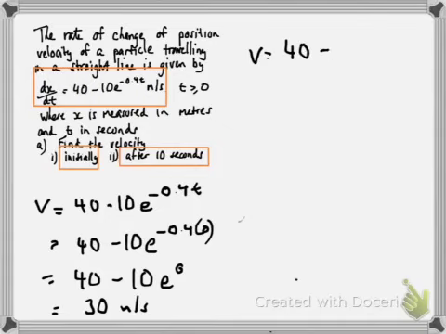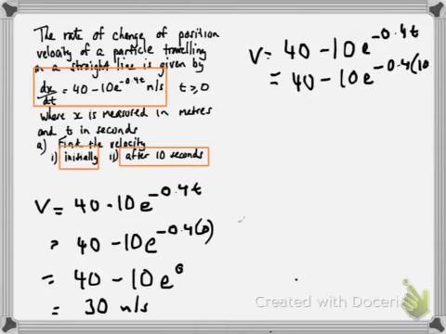Velocity after 10 seconds, so same thing once again. Velocity equals 40 minus 10 e to the negative 0.4t. Velocity equals 40 minus 10 e to the negative 0.4 multiplied by 10. There's our 10 seconds.